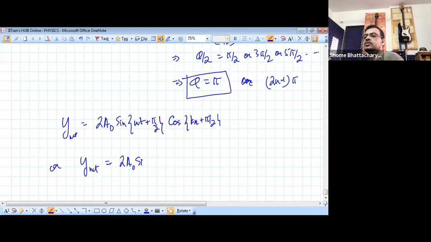Okay, so this term becomes sine kx, but with a minus sign of course, and this term becomes cos omega t.